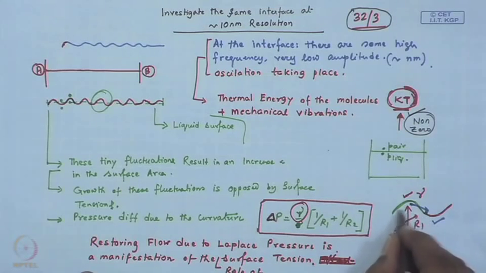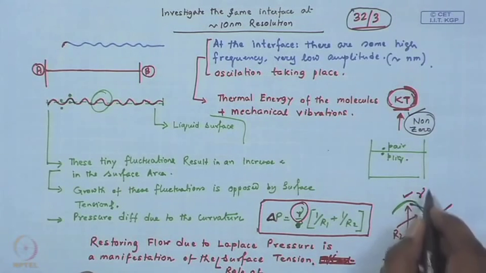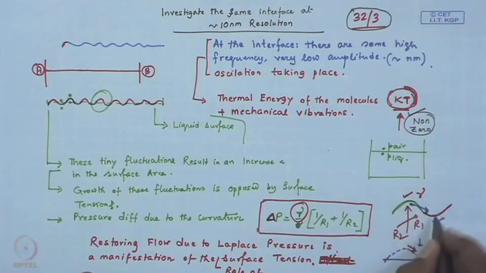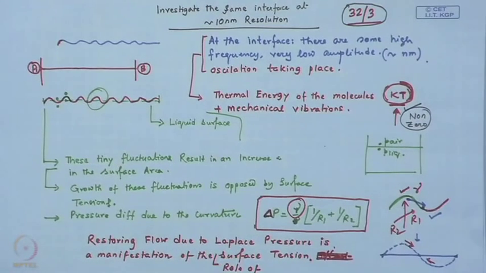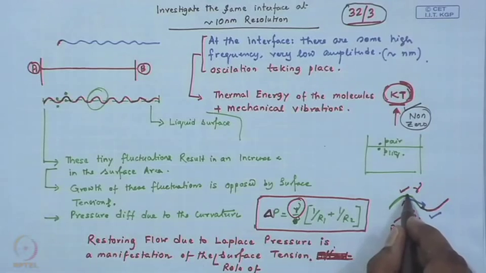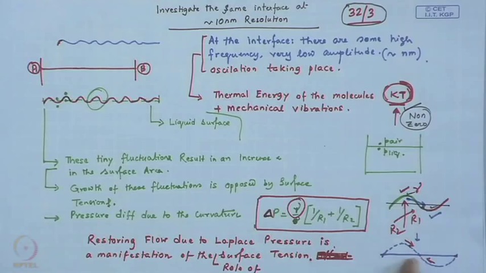So a fluctuation like this results in an in-plane gradient in the Laplace pressure. Depending on the curvature, there will be locations where the Laplace pressure is high and locations where it is low. The liquid then flows from the zones of high Laplace pressure to zones of low Laplace pressure and eventually tries to flatten out.